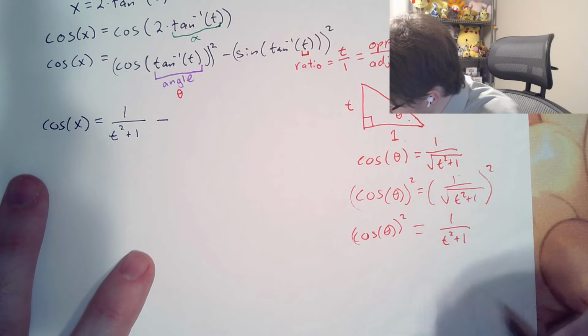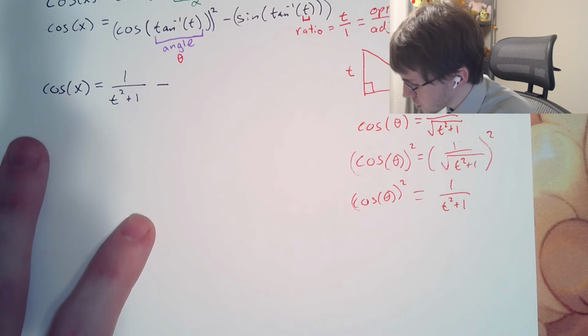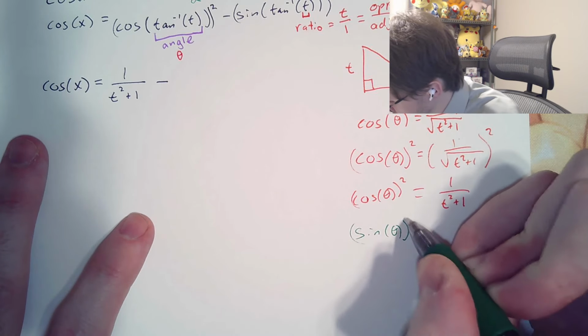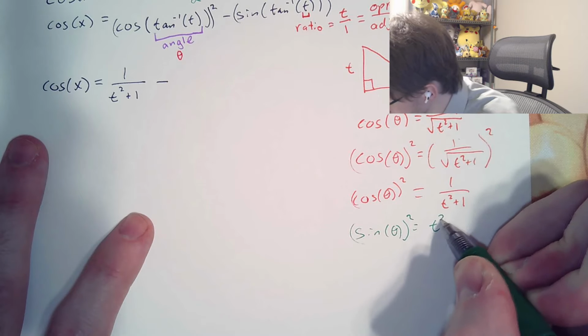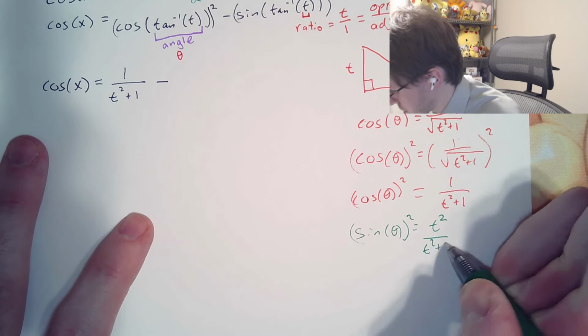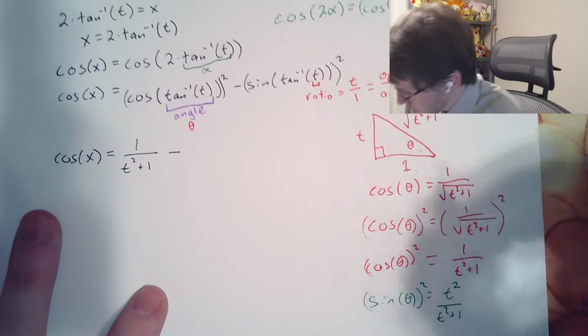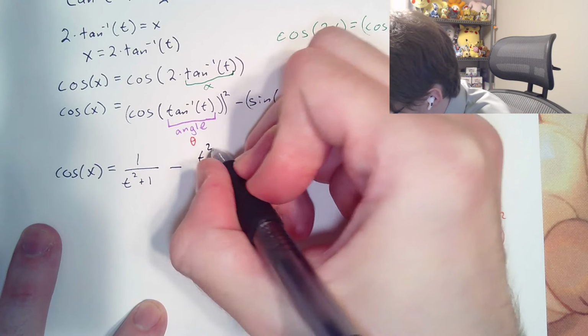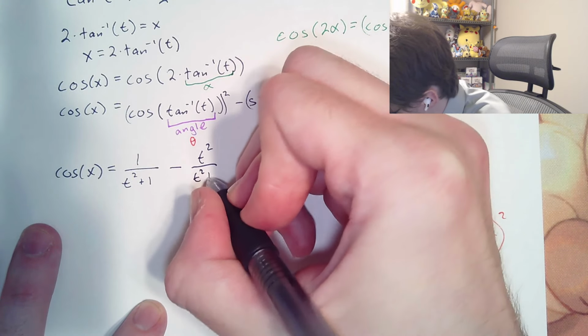Therefore, the sine of theta all squared must be t squared over t squared plus 1. So we're going to say it is t squared over t squared plus 1.